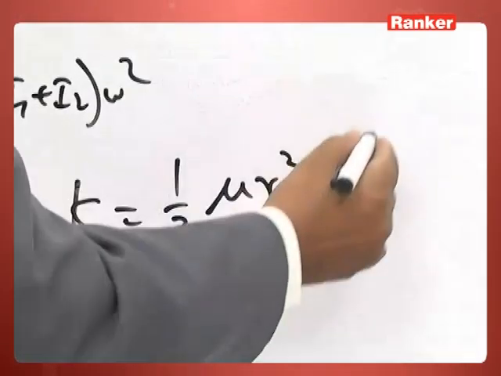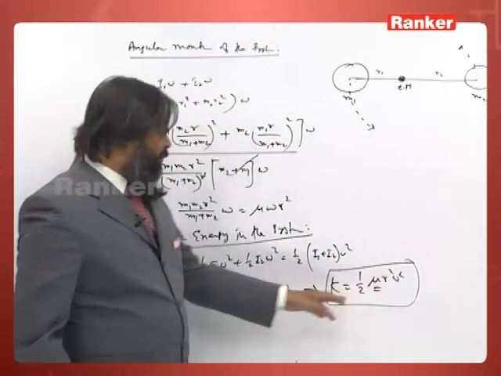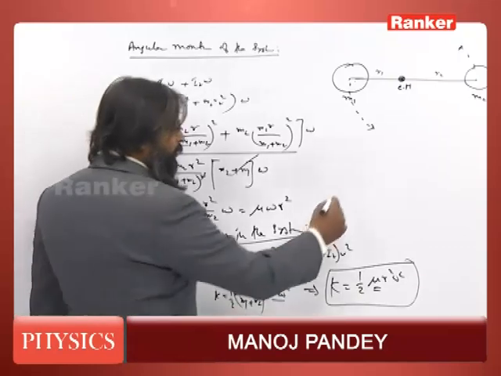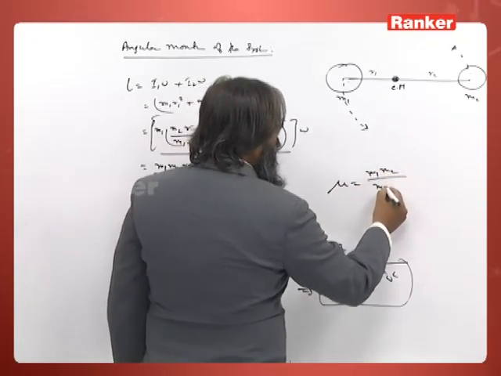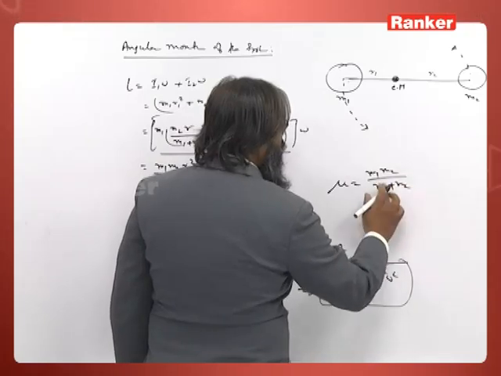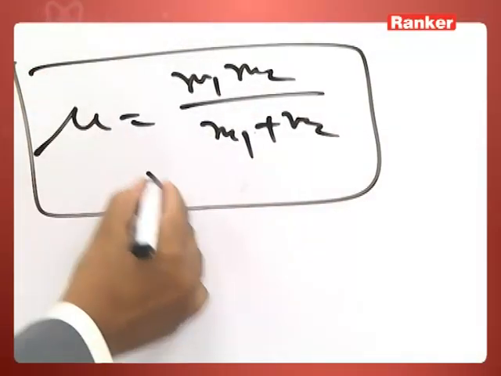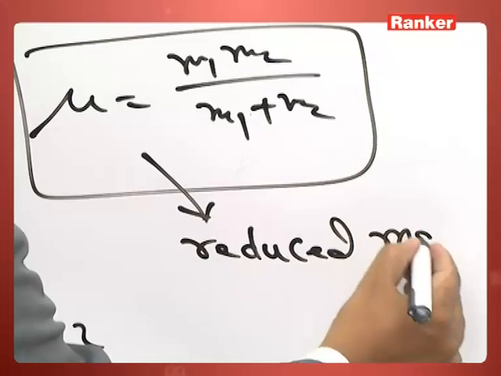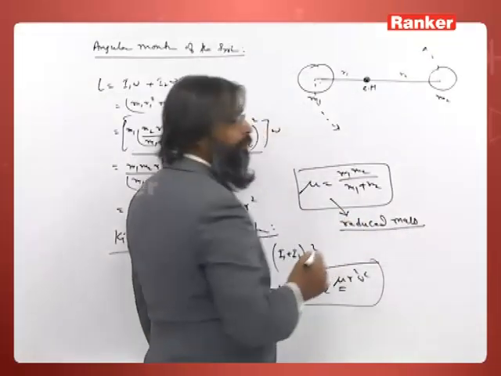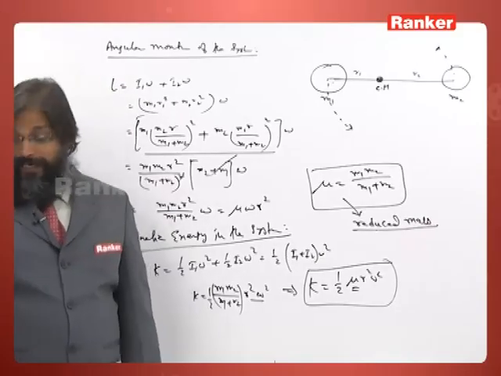You see this mu is the term we are using for m1 m2 by m1 plus m2, and this is called reduced mass. So, this is the expression for the kinetic energy.